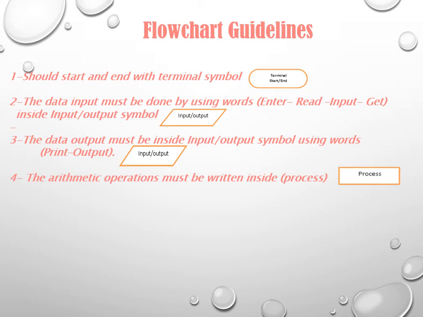Any arithmetic operation must be written inside the process. If I have addition, subtraction, multiplication, division, average, product, it must be put in the process. The flow lines are usually from left to right and from top to bottom. Usually, not always, because in some flowcharts we will find that the flow lines will come from bottom to top.